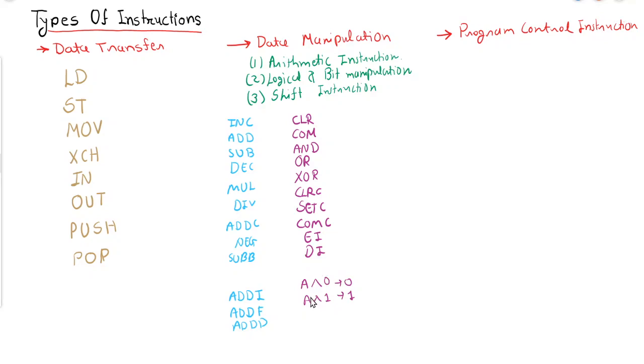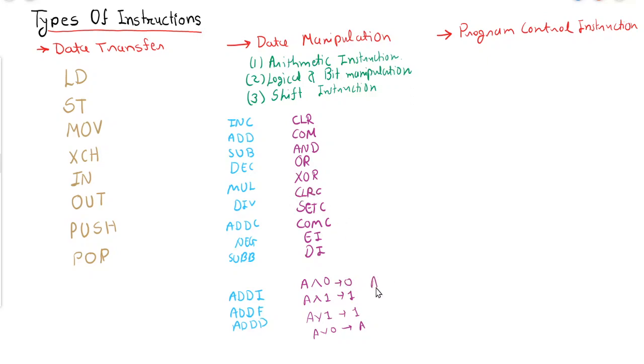And if you want to set any bit to 1, at that time we can go with the OR. For example, a OR 1 gives 1, and a OR 0 gives a. So if you want to set a particular bit, then we can go with the OR. And then XOR can be used to perform the complement operation.